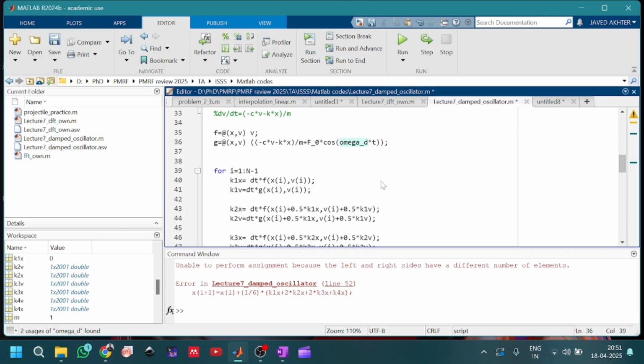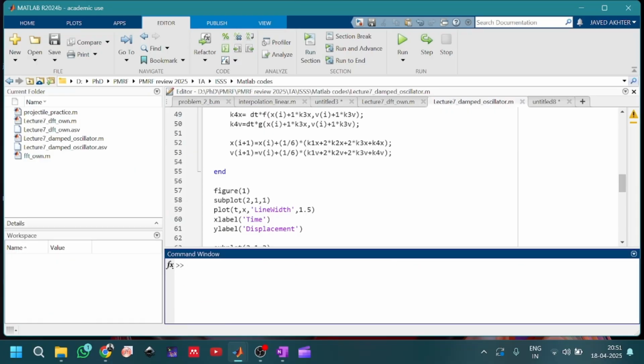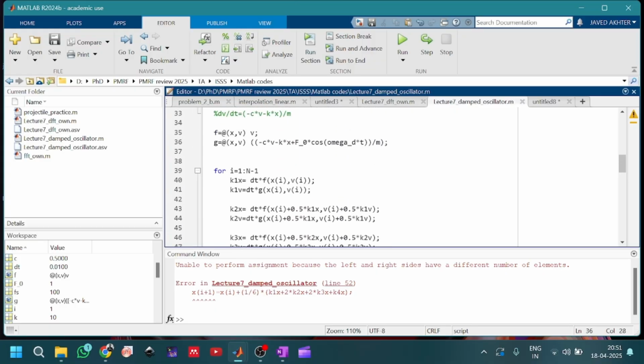So this is the dot operation. From here, Cv minus kx plus f0, usually multiplied with cosine.